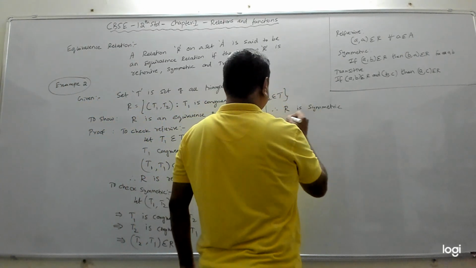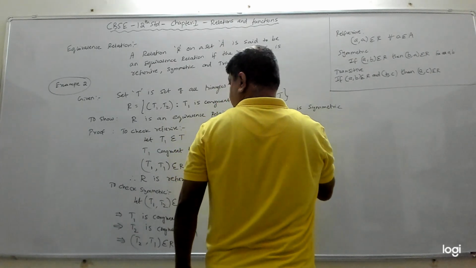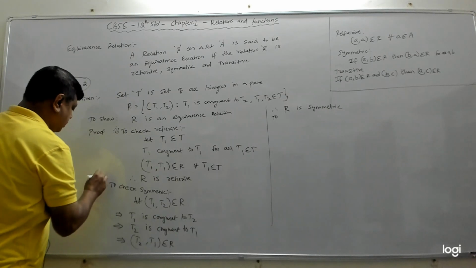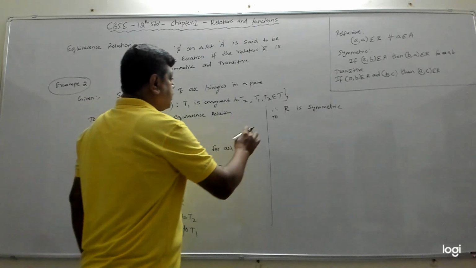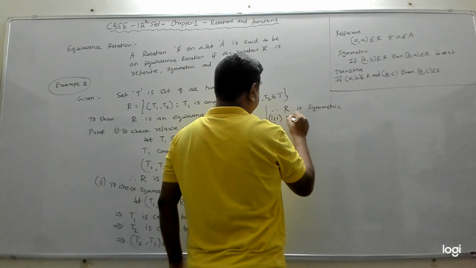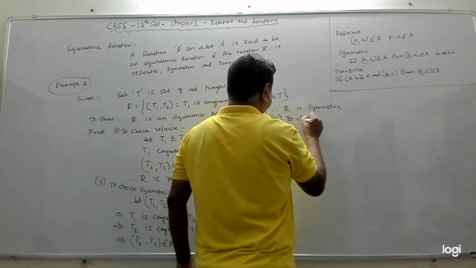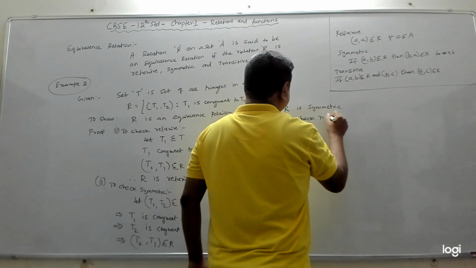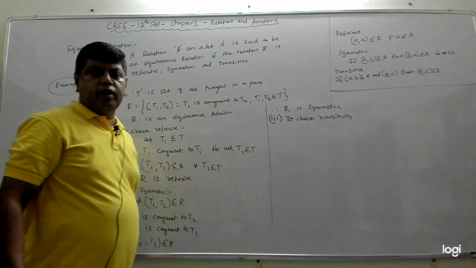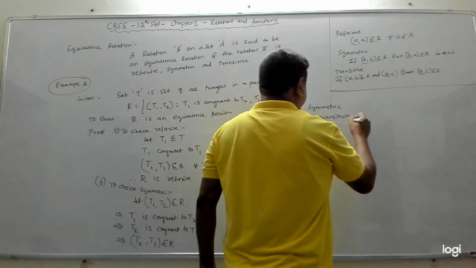Now we need to check for transitivity. This is the first one, second one, and the third thing that we should check is transitivity. Now how do we check transitivity?